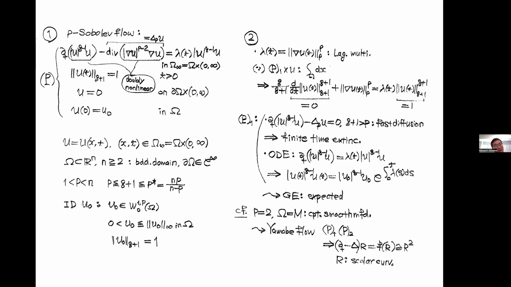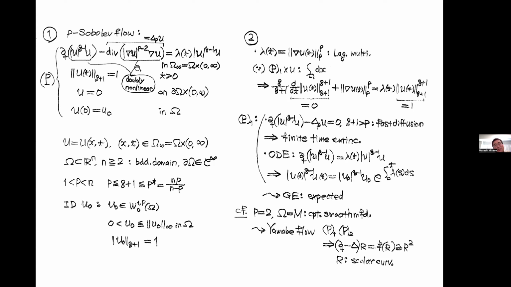Maybe this is the next challenge for me. In the case where p equals the space dimension, the nonlinearity becomes exponential. Of course, the Sobolev inequality changes to the Moser-Trudinger inequality. I'm not an expert now, I'm studying. So the power nonlinearity changes to exponential nonlinearity.